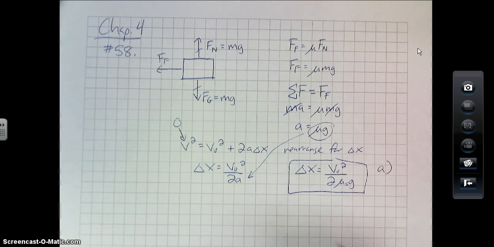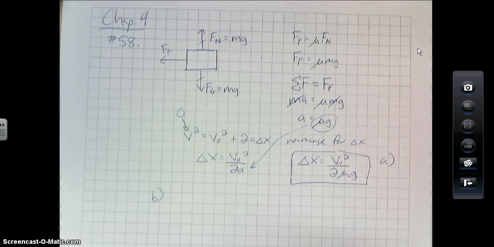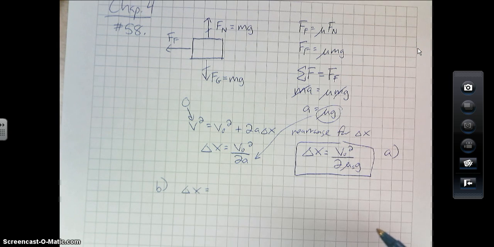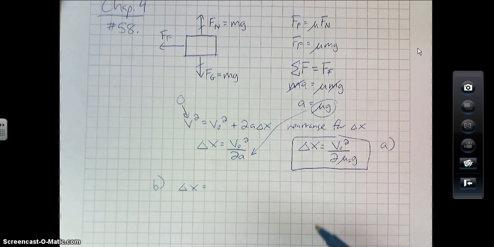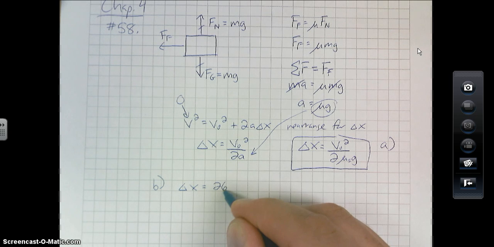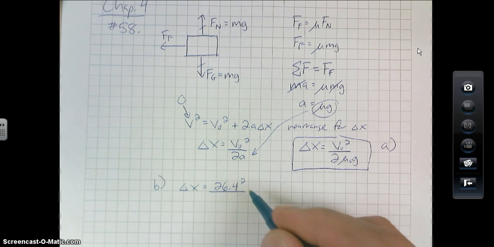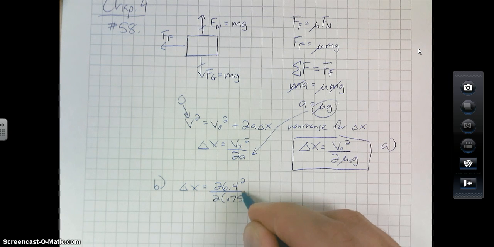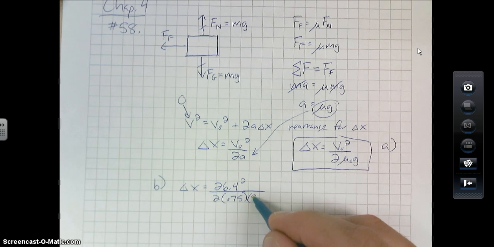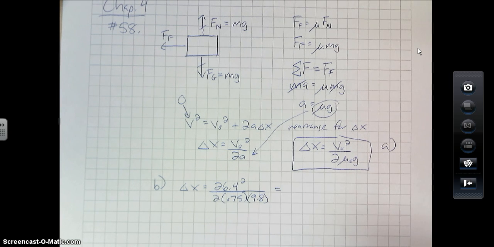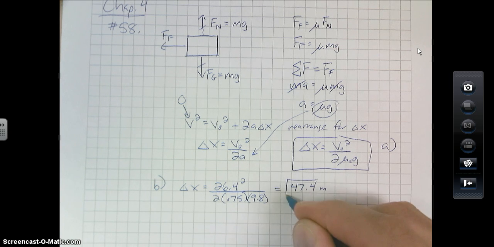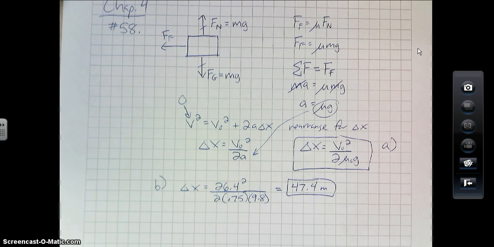Okay, so using this equation that we just showed was true, delta x, and the initial velocity was 95 kilometers per hour, you'll have to convert that into meters per second, and if you do that, 26.4 squared over 2 times the mu value, which was given as 0.75, and of course gravity is given as well, 9.8, and you end up with a distance, or a displacement, of 47.4 meters. Okay, so that is how you do number 58.